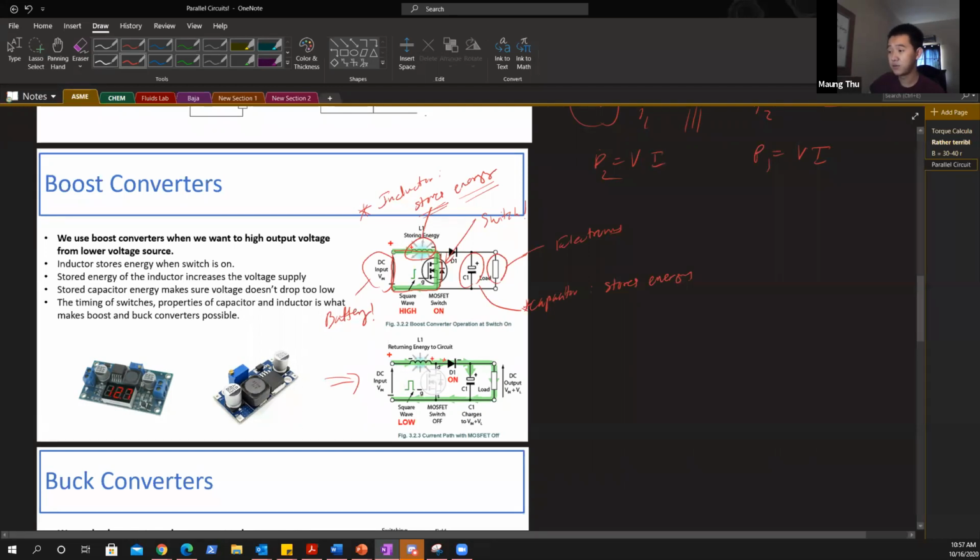So this stored energy is now distributed down to your capacitor and your load. What you end up getting, because of the stored energy, is a voltage that is higher than the voltage provided by the battery.